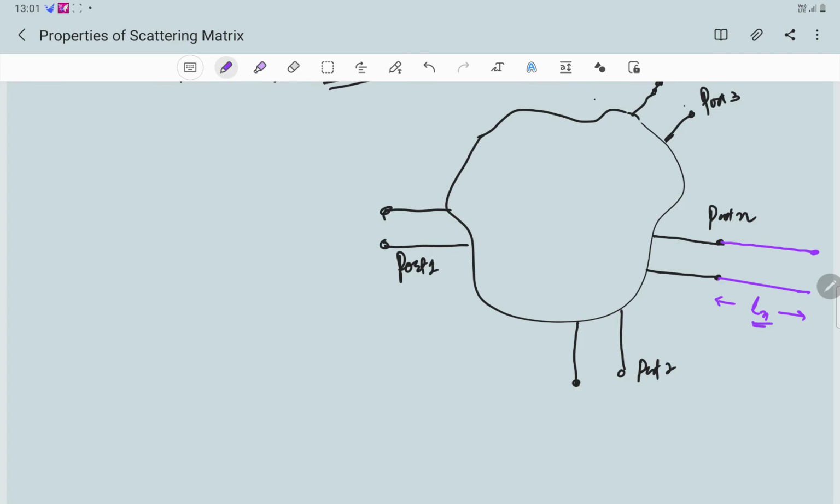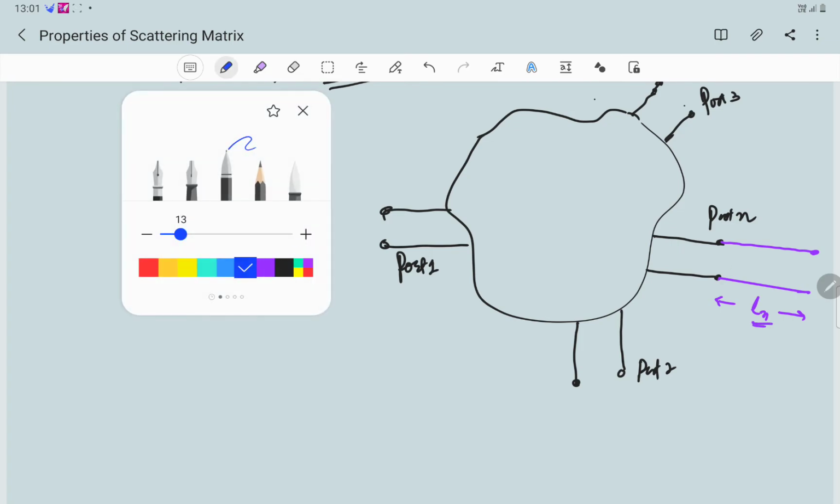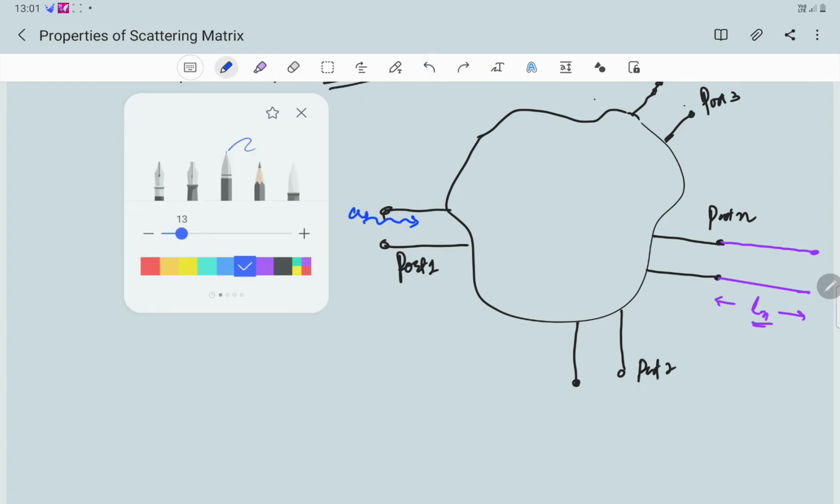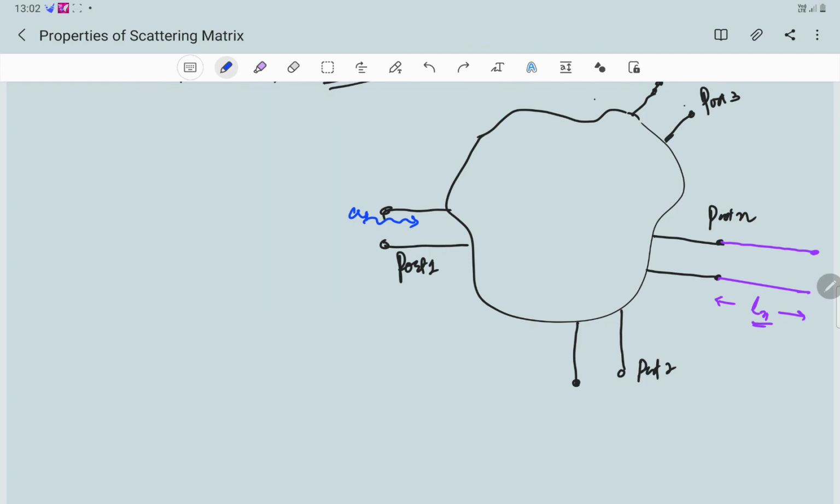So if I go by the same logic that we were using, this is port number 1, this is A1, the incident wave. I'll use the same colors: A1 as incident wave, and here it will be A2 as incident wave on port 2, and port 3 A3 as incident wave.